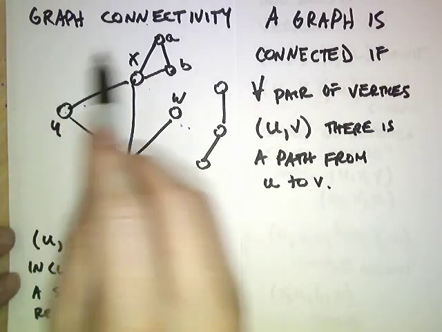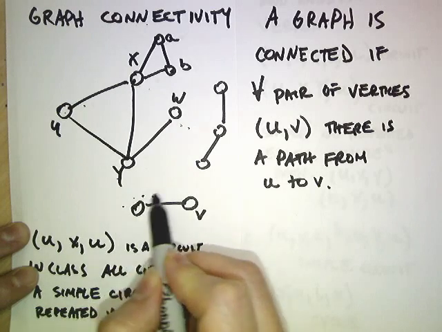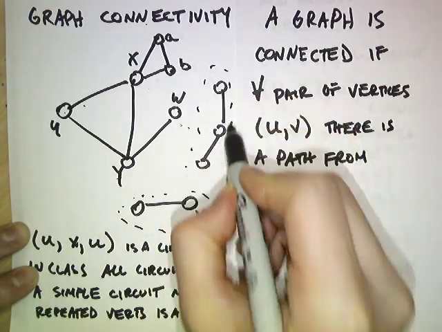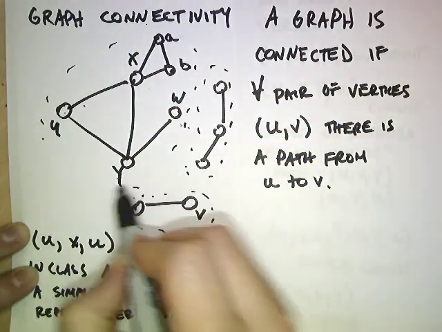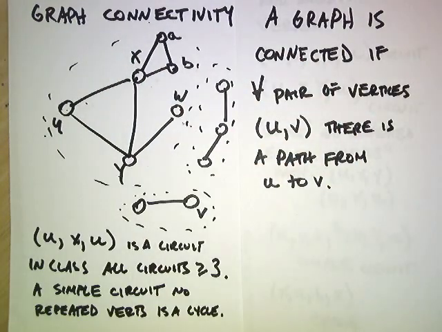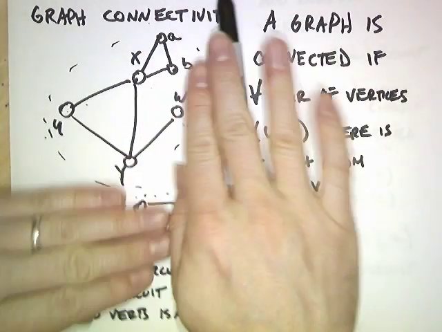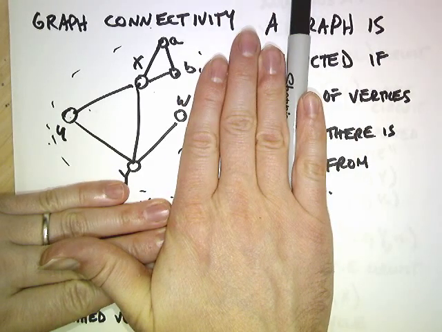In fact, this graph has 3 connected components. Here's one connected component, here's another connected component, and then here's this larger connected component. Within each connected component, every 2 pairs of vertices are connected. So for example, if you only look at the vertices of this subgraph, you'll see it's connected.